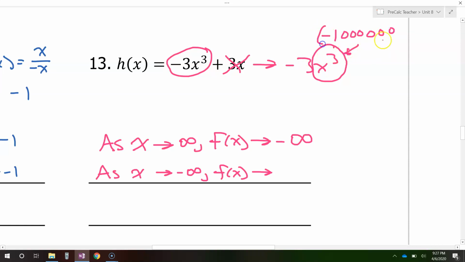Now if you take a very large negative number and multiply that by a negative number, what you get is a positive number, like 3,000,000. So as x approaches negative infinity, f of x approaches positive infinity. As x becomes a very large negative number, it gets multiplied by a negative number and becomes a very large positive number.